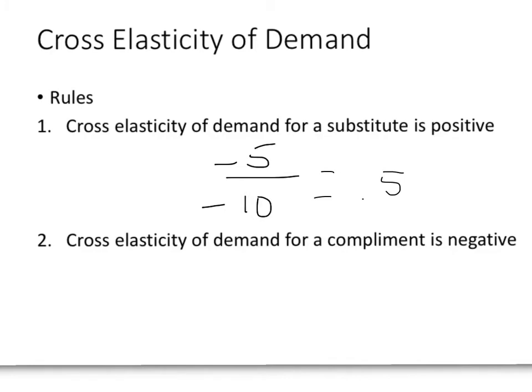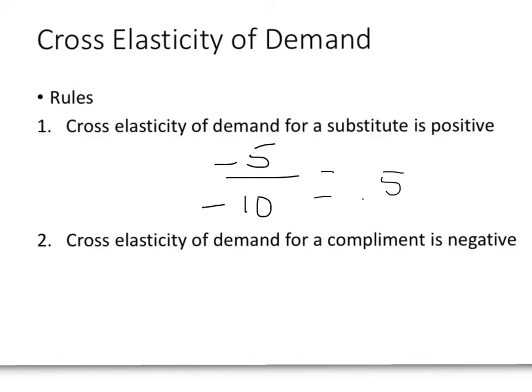Now, the second rule then follows the same exact theory, that the cross elasticity of demand for a complement is always negative, because there is going to be a negative correlation between the change in price of one good and the change in quantity demanded of its complement.